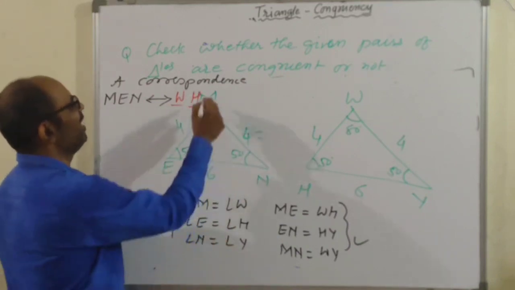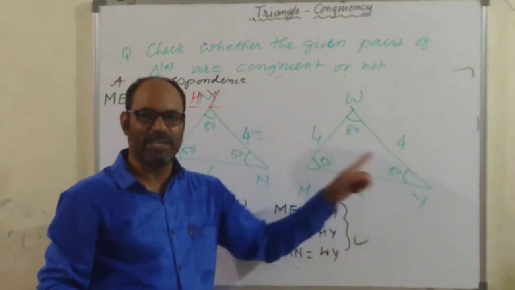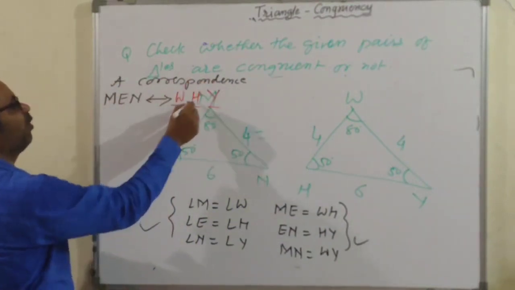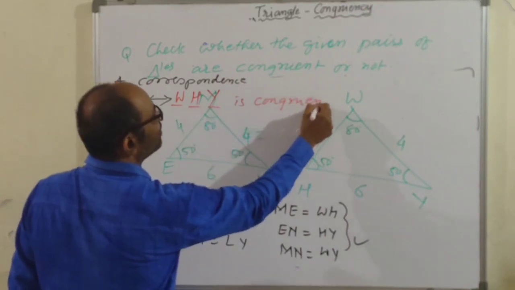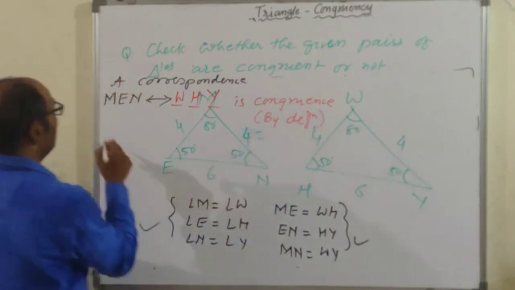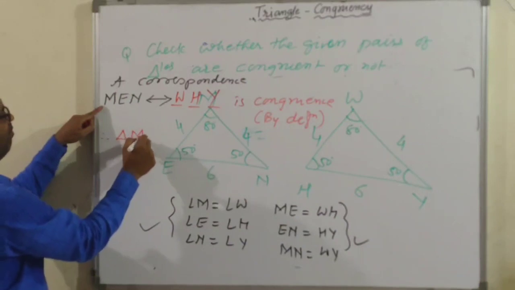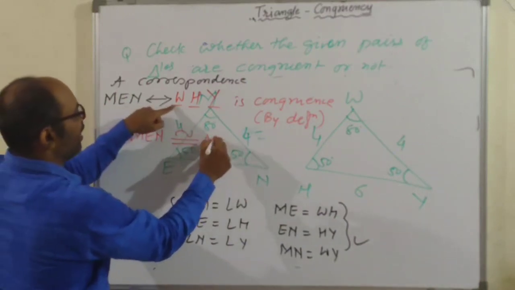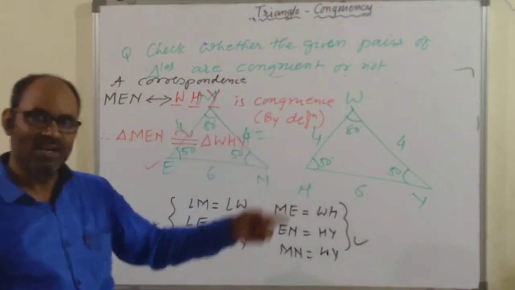N corresponds to the remaining one, fill in the blanks, Y. The correspondence MEN corresponds to WHY is congruence by definition. Therefore, if you want, you write this down: triangle MEN is congruent to triangle WHY. So these two triangles are congruent.